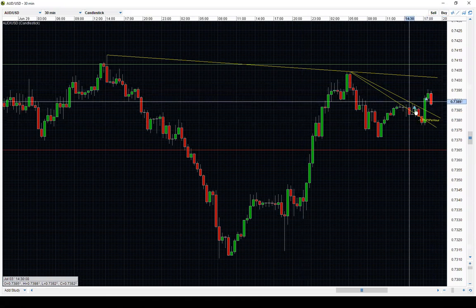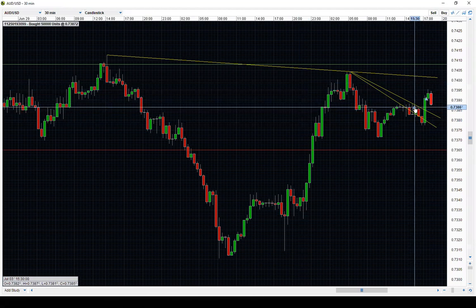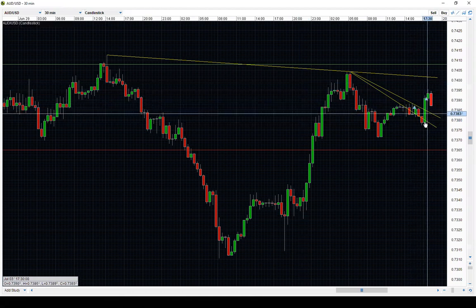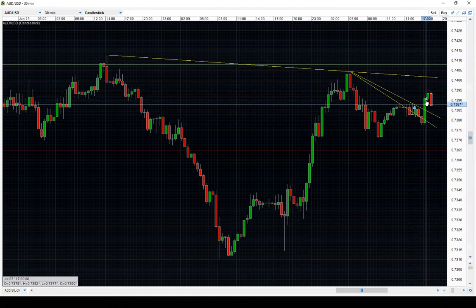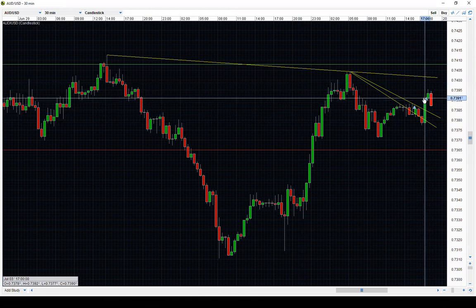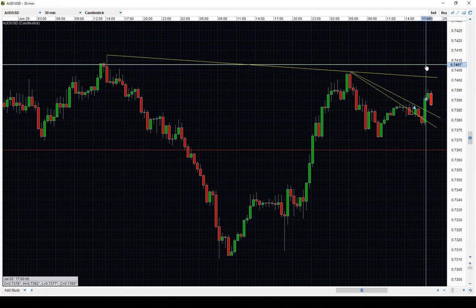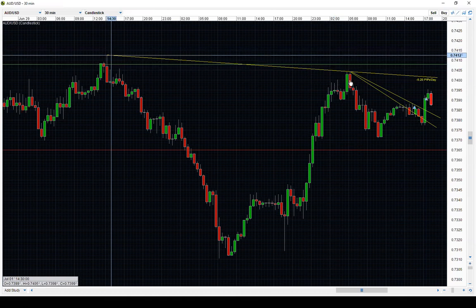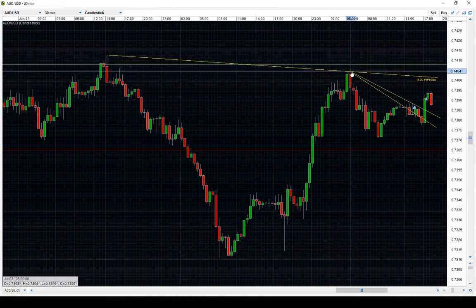When this one didn't exist, I have an entry point to go long, and when it broke out because of this candle right there, there is another entry point. Here's my target point, which is in between the zoning area of two supply levels.